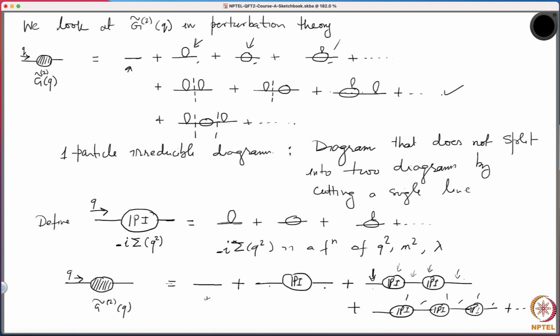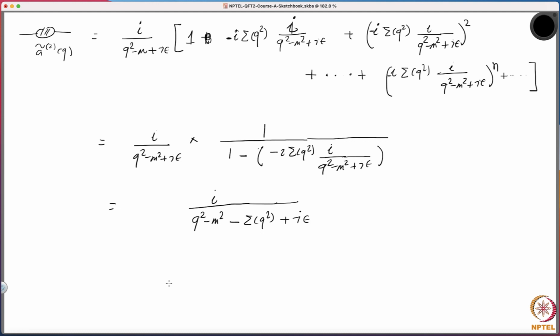So let's use that information and say that when q square is mp square, the denominator vanishes. Meaning mp square minus m square, okay. Why?